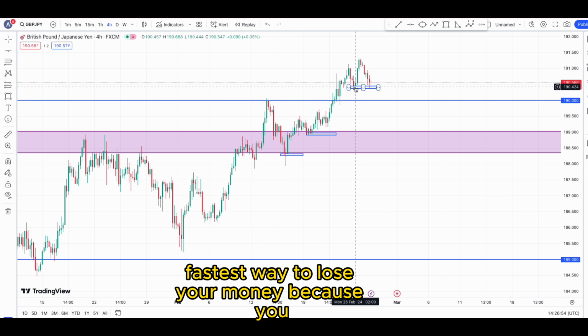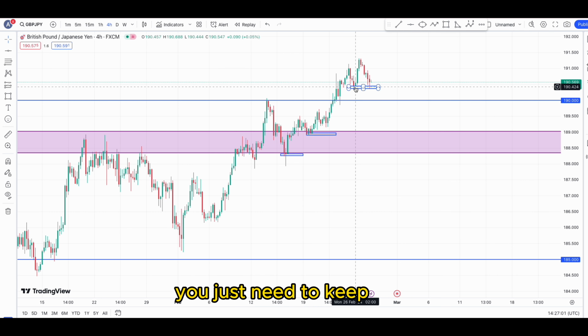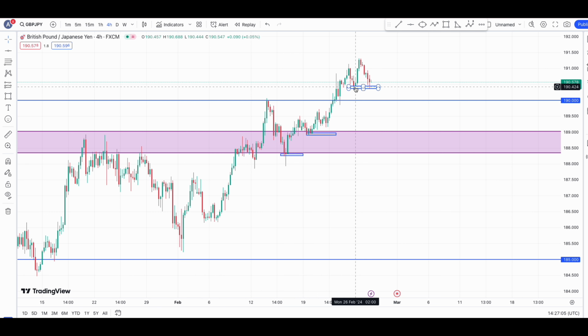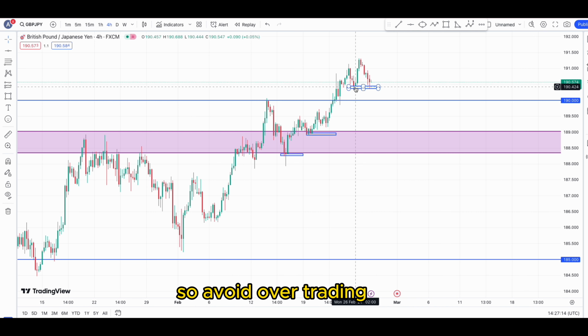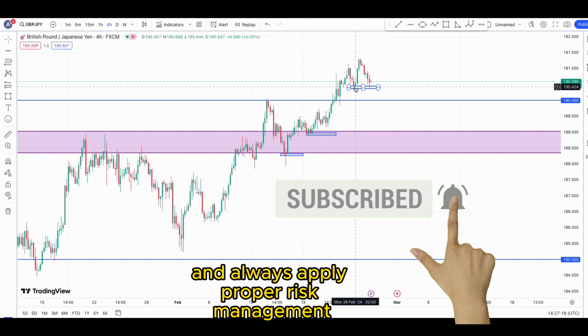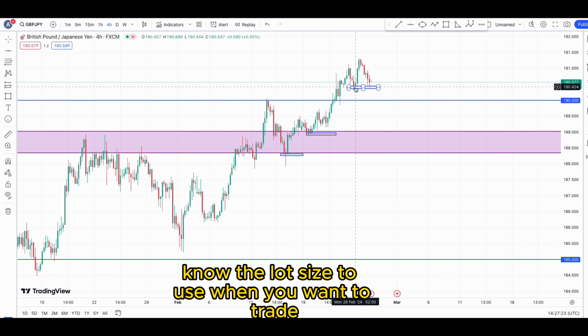It's the fastest way to lose your money, because you might place a trade and keep winning. It will keep gingering you to continue placing trades, and before you know it, the market will hold you down, and you end up blowing your account. So avoid overtrading, and always apply proper risk management. Depending on your account size, know the lot size to use when you want to trade.